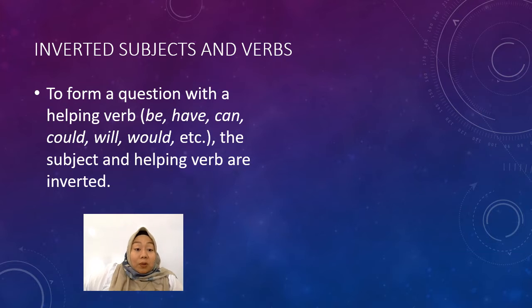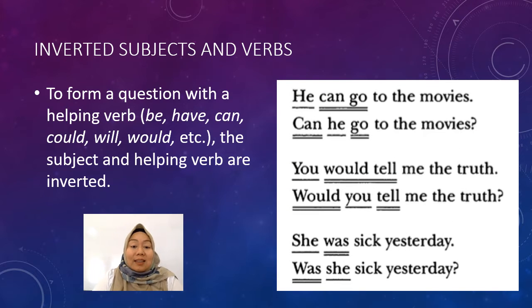Okay, to form a question with a helping verb, be, have, can, could, will, would, and so on, the subject and helping verb are inverted, right? Let's take a look at this example. He can go to the movies. This is a statement.